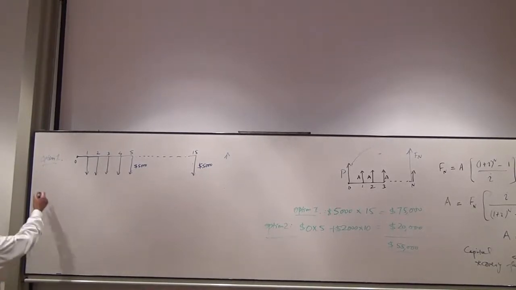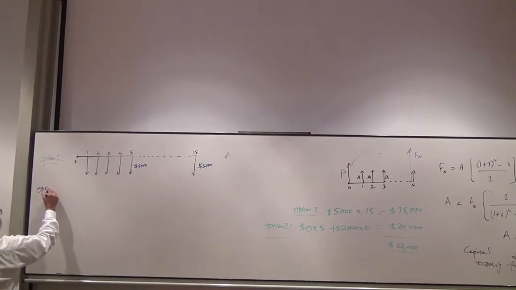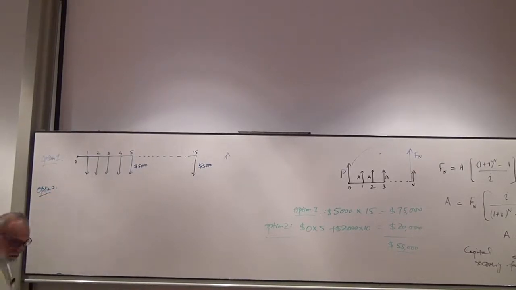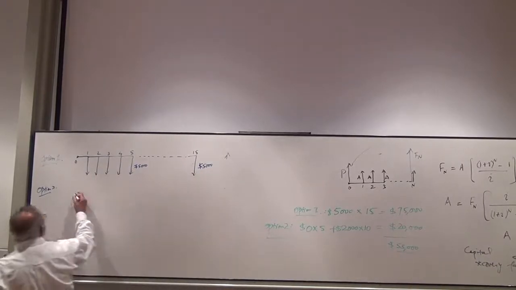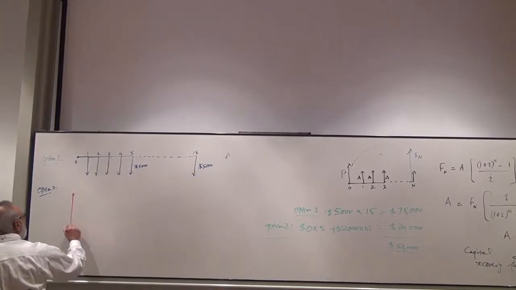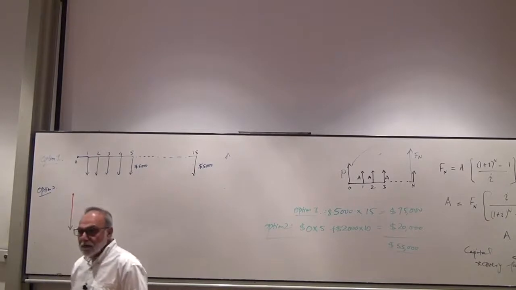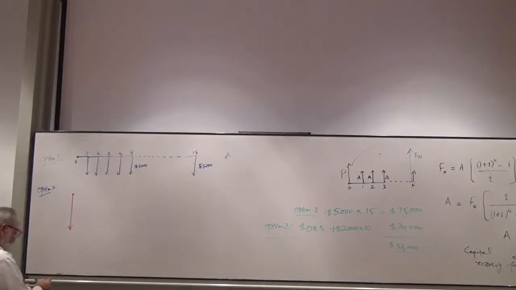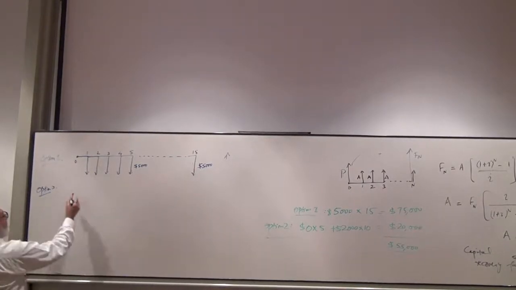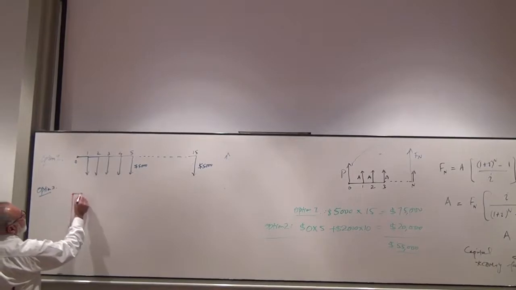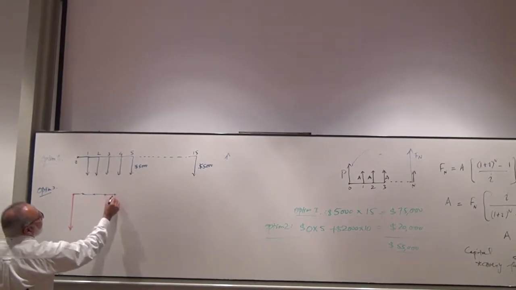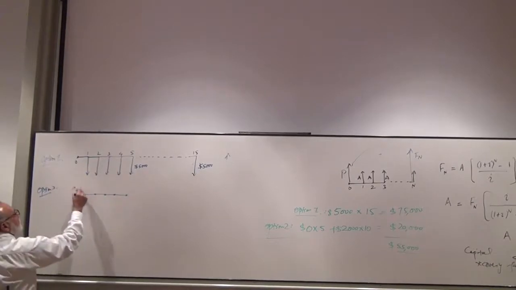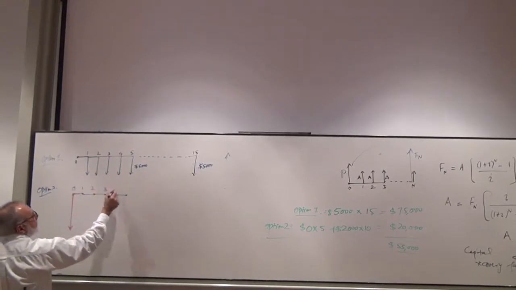So we have option number 1. Option number 2 is that you have to spend initially something, the resurfacing. And then for the first 5 years, 1, 2, 3, 4, and 5, 0 cost.